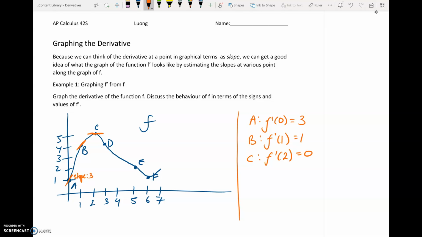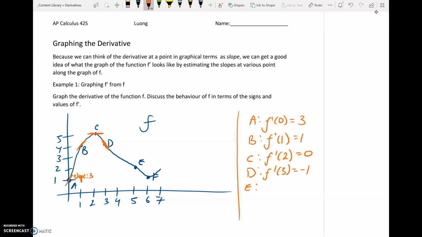And then you can always generalize this, that if you have a maximum or a minimum, that's like a hump, this will always give you a slope of 0. In other words, your derivatives will be 0 at that point. Let's look at D. This looks like from C to D, we went down 1 over 1, so this will be negative 1. So f prime of 3 is negative 1.